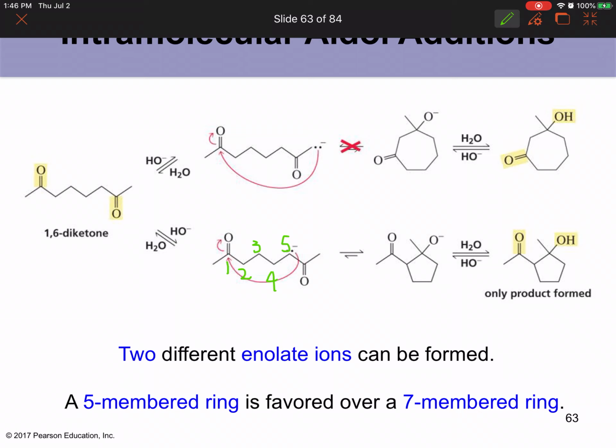I gave number 1 for that carbon, which is this one, 2, 3, 4, 5. 5 and 1 form the bond, and on the 5th position you have this handle, so you have that part over there. And then when you add water, it forms the product, a beta hydroxy ketone.